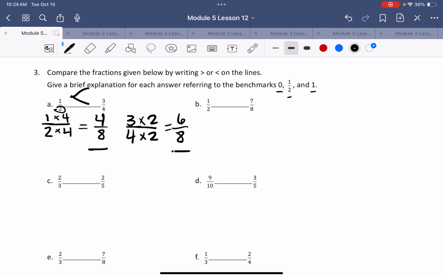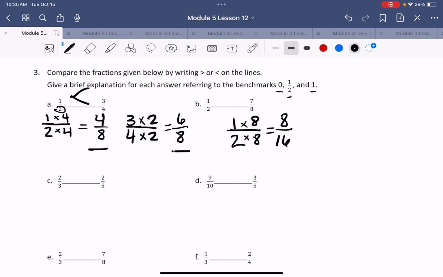Let's try another one. On B, we have 1/2, and we're going to times it by the opposite denominator, which is 8. So we have 8/16. Now I do the same thing to the other side.